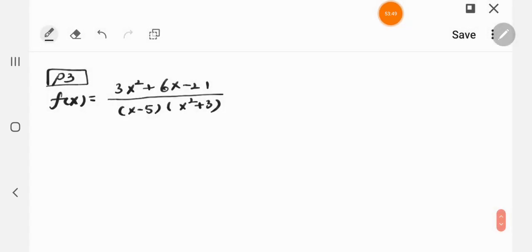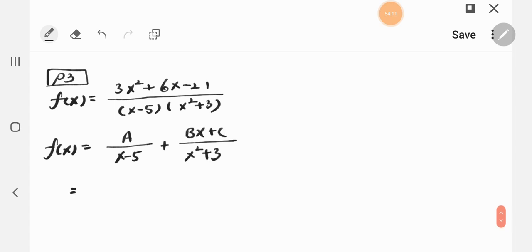Okay, let's find the partial fraction decomposition of this function. Then f of x can be written as a over x minus 5, and the second fraction has denominator x squared plus 3. So the numerator should be linear, bx plus c.